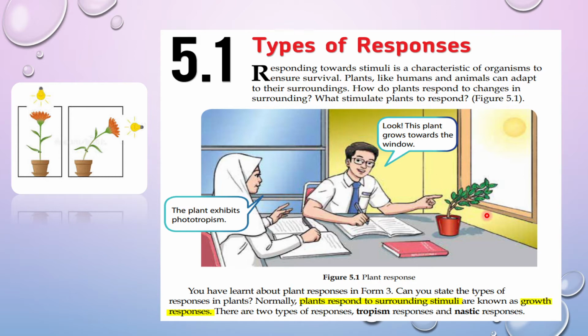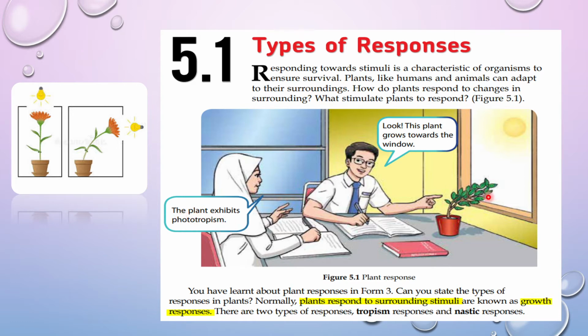Here in this picture, these 2 students are observing this plant. It seems that the shoots of the plant, the leaves, are pointing towards the window, so this plant is growing towards the window. Another student responded saying that this plant is exhibiting phototropism.